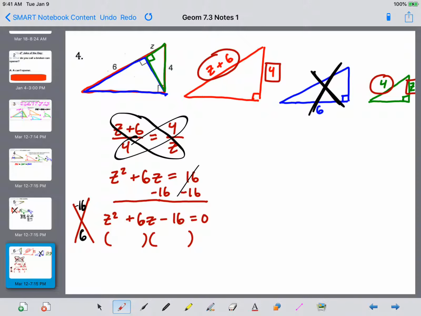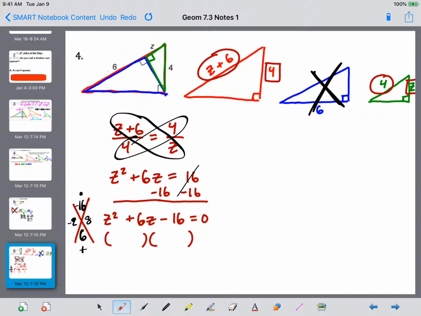So if you think about this, two numbers that multiply to give us negative 16 and add up to 6 are going to be a negative 2 and a positive 8. Okay, so negative 2 times 8 is negative 16. Negative 2 plus 8 gives us 6. So you multiply to get this number, add the two numbers to get this number.